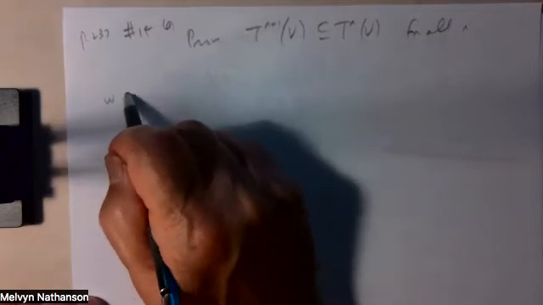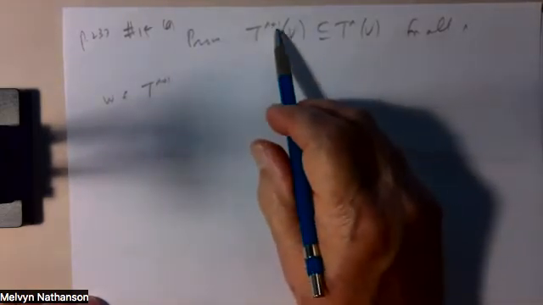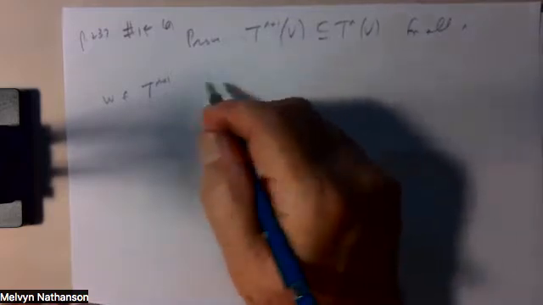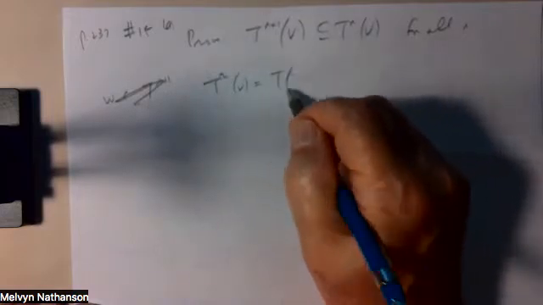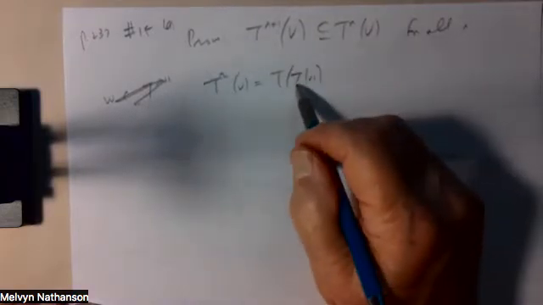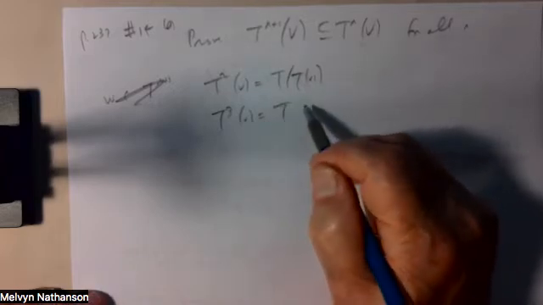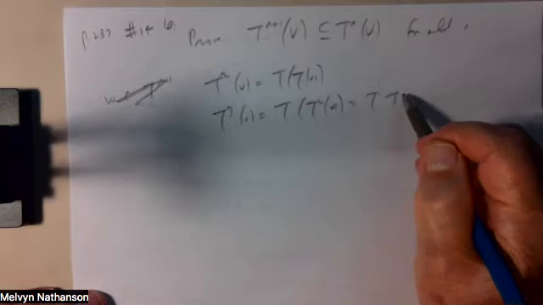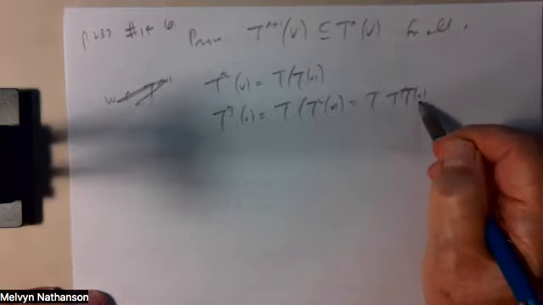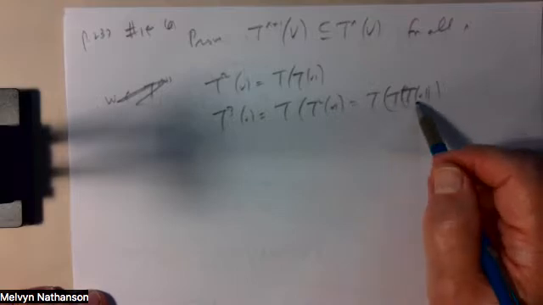So again, you have to understand what it means when you take the power of something. T squared of a vector V means T of T of V. You apply T twice. T cubed is T applied to T squared of V. Or it's like you say, take V, take T of V, T of T of V, and then T of T of T of V. You just apply the operator 3 times.